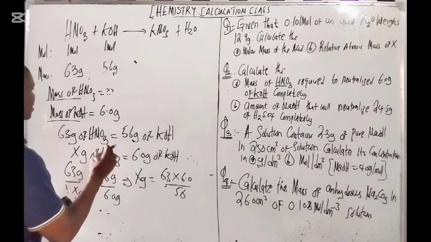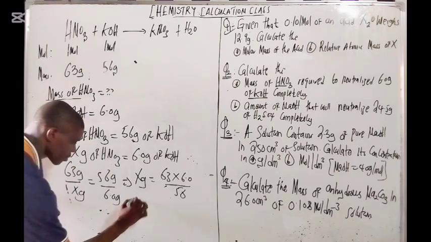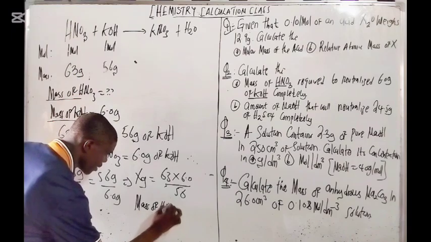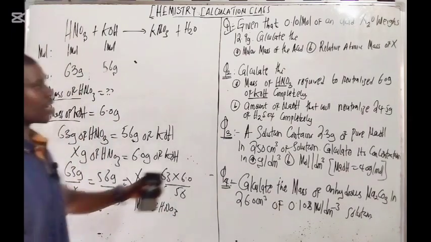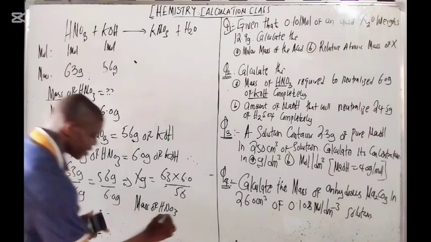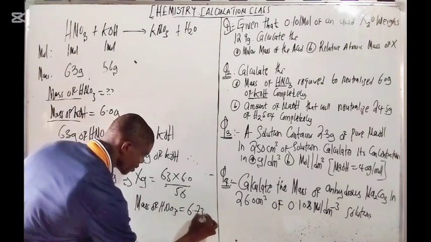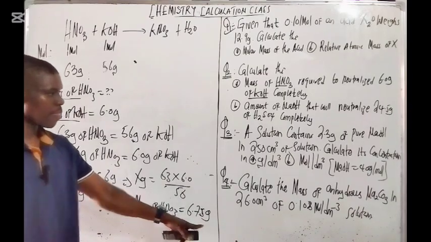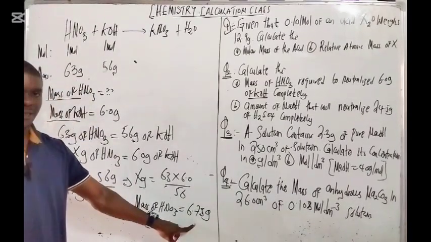So the mass of HNO3 that is required to neutralize KOH completely is equal to 6.7375 gram. That is it.